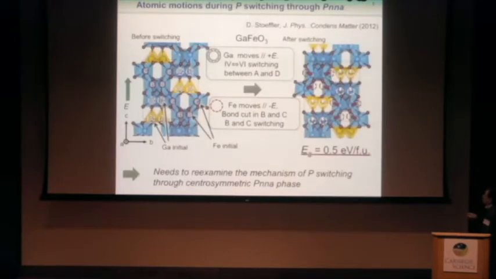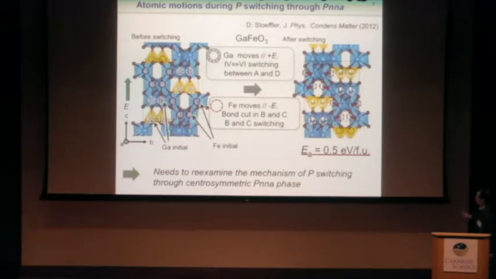And previously, Professor Stefanovich and colleagues calculated the polarization switching mechanism for gallium ferrite with a kappa alumina structure. The most important point is that when the electric field is applied, the coordination change occurs along the C direction. For example, the original tetrahedron and octahedron turn into octahedron and tetrahedron.